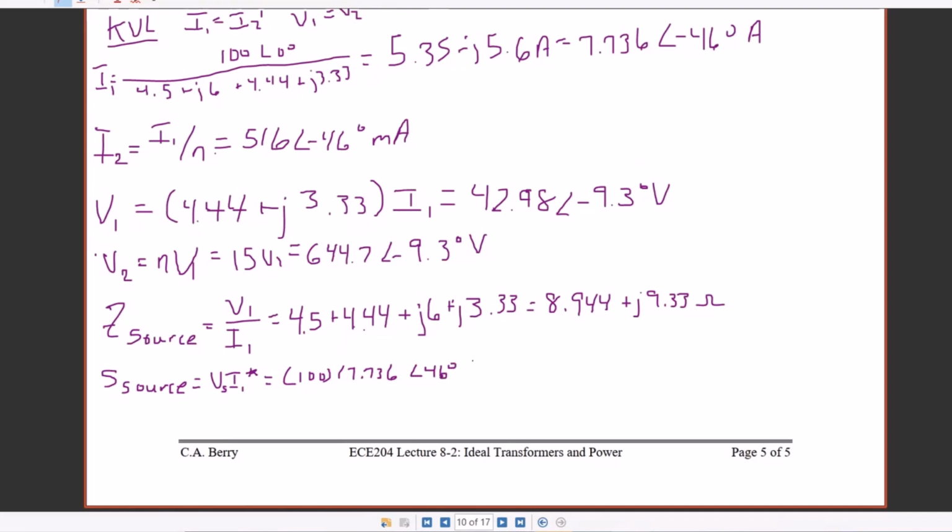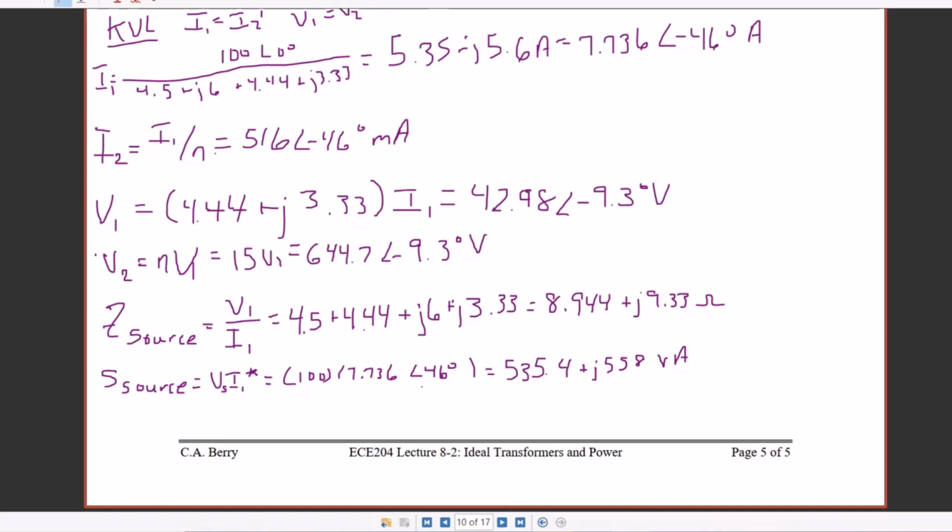That's why that angle is now positive. And that power in rectangular form is 535.4 plus J558 volt amperes. So the power at the source. Okay, remember it's the average power that's lost in the line, but I'm finding the complex power and we will use that to get the average power.